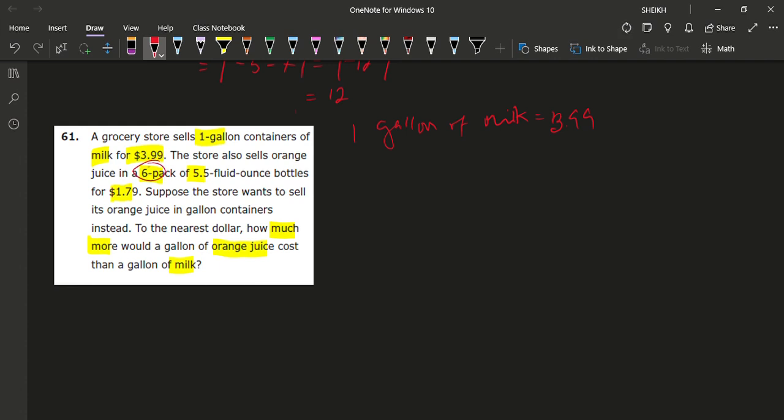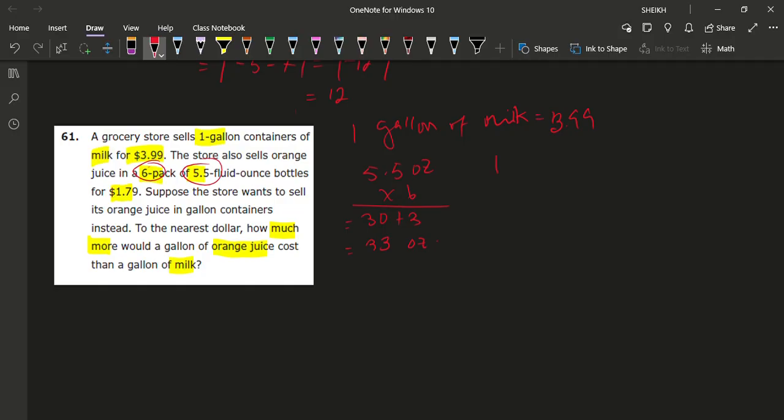So we have a 6-pack and each bottle contains 5.5 ounces of juice. So 5.5 ounces times 6 is going to be 6 times 5 is 30 plus 6 times 0.5 is 3. So it's going to be 33 ounces of orange juice.